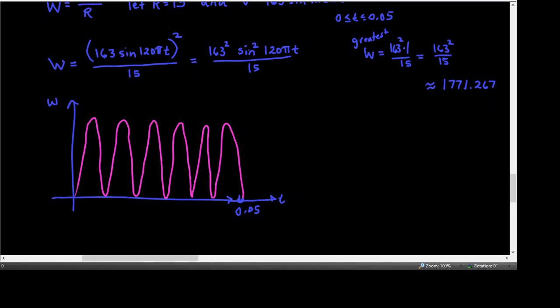Okay, so that's the highest value right here, 1771.26. It's actually 2 and then 6 repeats, just to be exact. Okay, so how many oscillations are there?